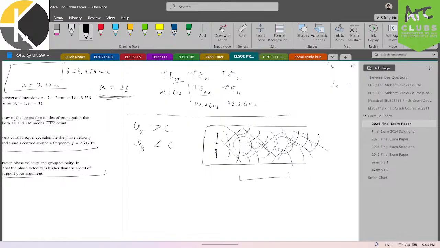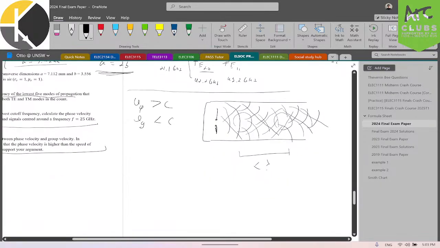The distance is going to be smaller than lambda because of how the waves interfere with each other, which will lead to an apparent speed greater than the speed of light. But it actually doesn't correspond to any propagation of the wave at all. It's just a standing wave pattern, an interference pattern formed inside the waveguide by the incident and reflected waves. This corresponds to phase velocity.